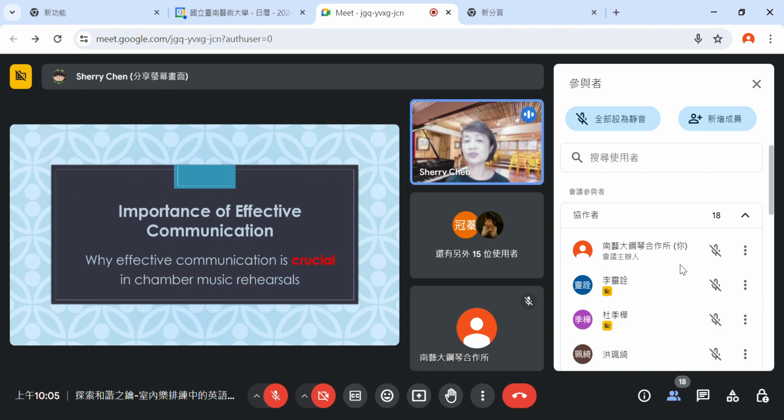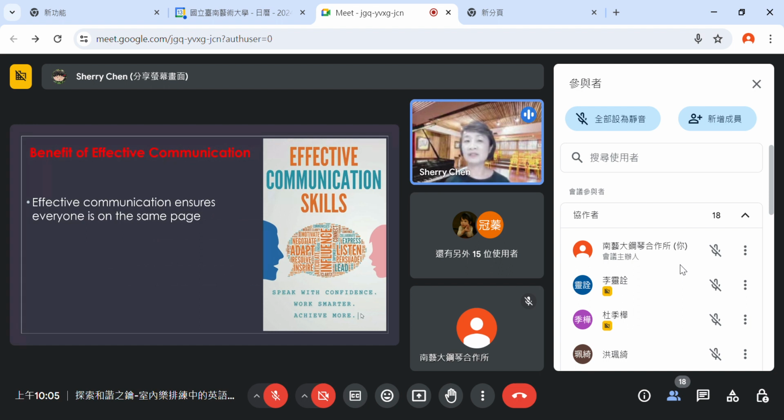Okay, so why is effective communication so crucial in chamber music rehearsals? 因为 effective communication ensures everyone is on the same page. You don't want to misunderstand each other's saying, and sometimes it also reduces misunderstanding and conflicts. Okay, so that's the reason why it's so important to be able to understand what everyone is saying and everyone's on the same page.